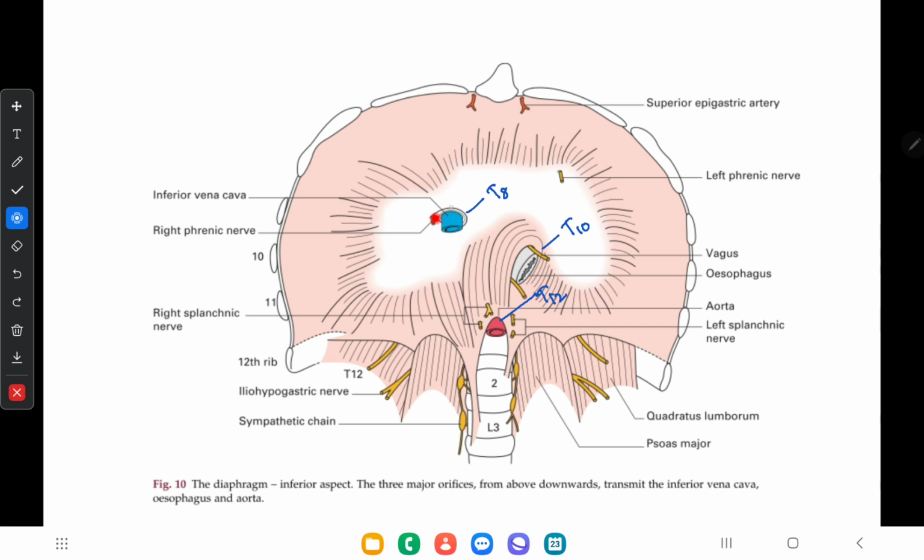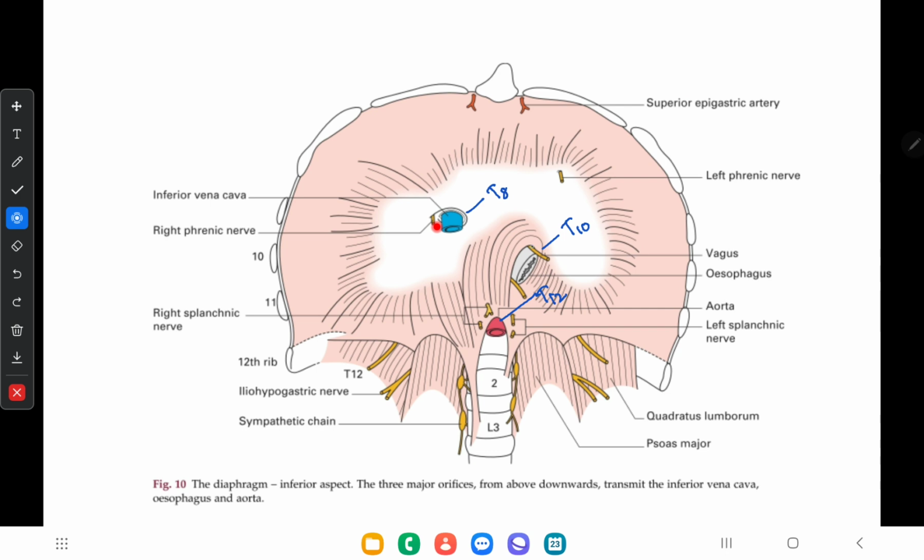The wall of the inferior vena cava is fused with the margins of this opening. When the diaphragm contracts, it enlarges the vena caval opening, thereby dilating the inferior vena cava and increasing the venous return to the heart. The branches of the right phrenic nerve pass through this opening along with the inferior vena cava.